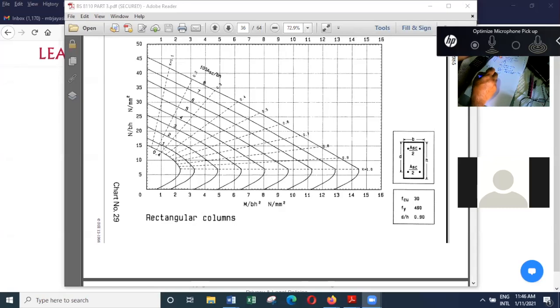And then we find As, which is equal to 1000 millimeter squared per meter. So which means we'll provide 16 millimeter bars at 200 center to center. And then if you want to optimize, you can consider the next 1 meter.